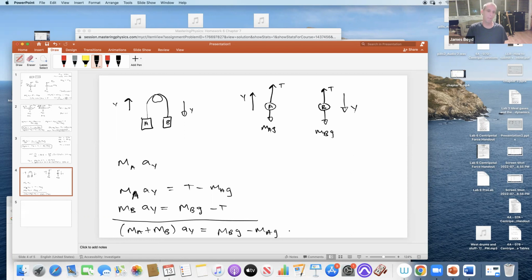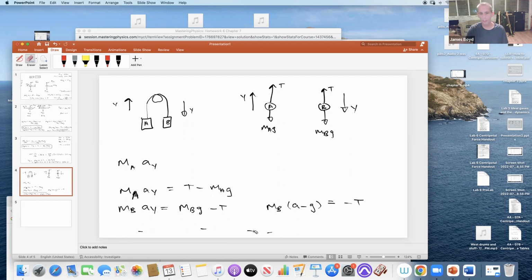However, what we're trying to find is m_B. So what I want to actually do is move this over, and what I get is m_B (a minus g) is equal to the negative tension.